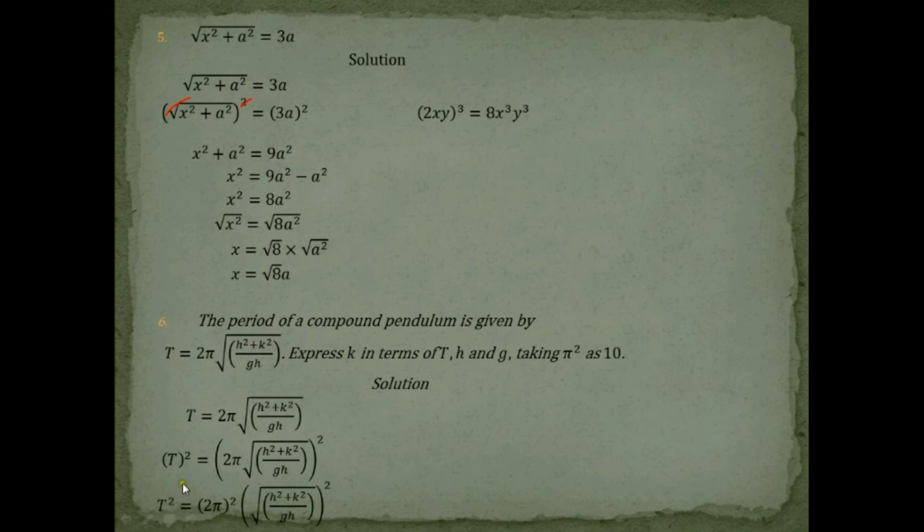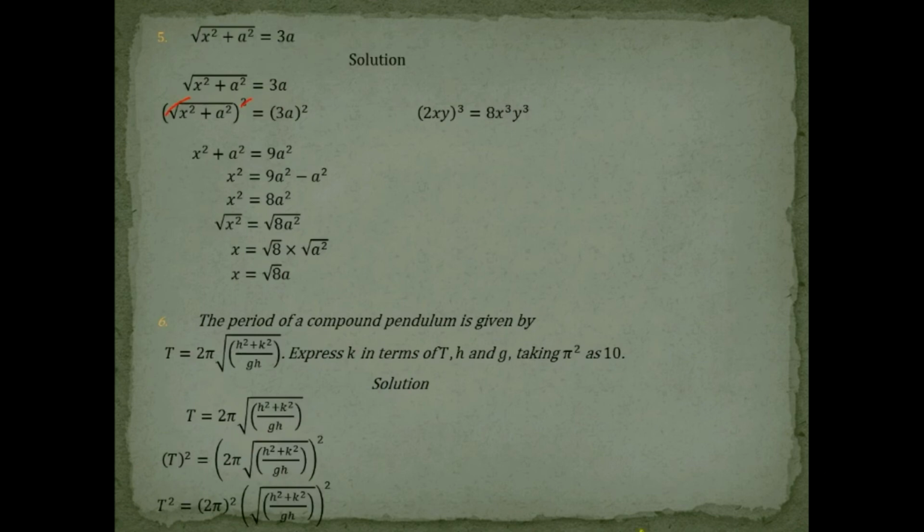You're going to be having T squared equal to 2 pi squared and square root of everything squared. Now remember that this square is going to apply to this and also to this. Why? Because they are all multiplying themselves. So once we have that, we're going to be having T squared equal to 4 pi squared.